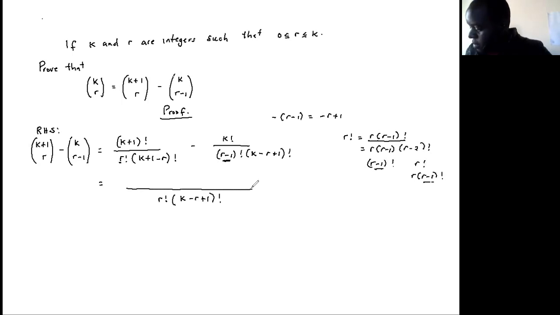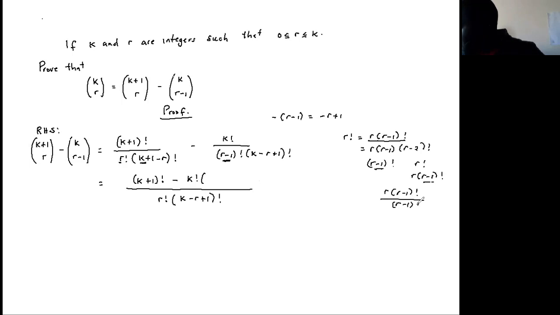So when you divide this one into the whole denominator, this is just the same thing, so we just get a 1 multiplied by the numerator. It comes out as K plus 1 factorial minus, so I'll put the K factorial there. And then when you divide R minus 1 factorial over R minus 1 factorial, we just get R. So we get just R.